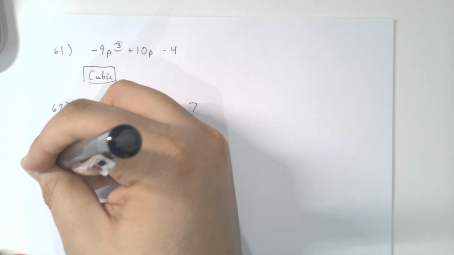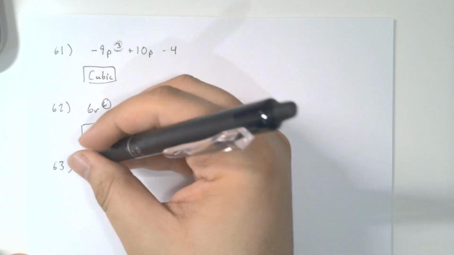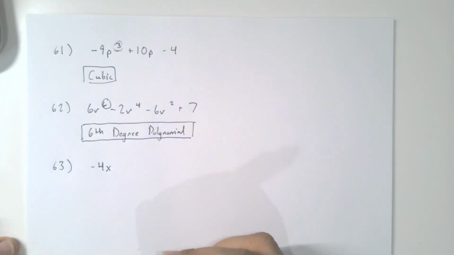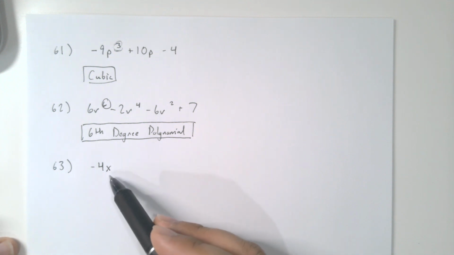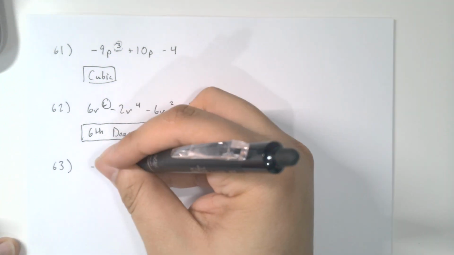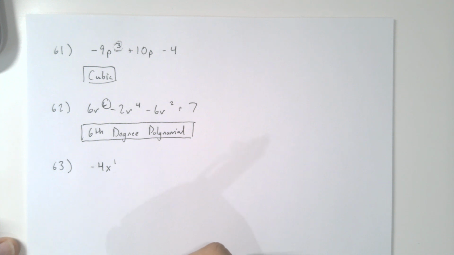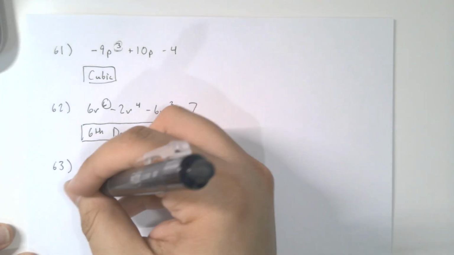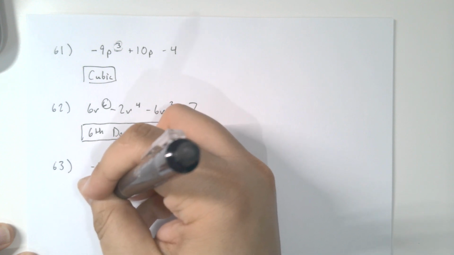For number 63, we have negative 4x. We only have an x here, and implicitly it's a 1st degree, or x to the 1st power. So we call our 1st degree polynomials linear.